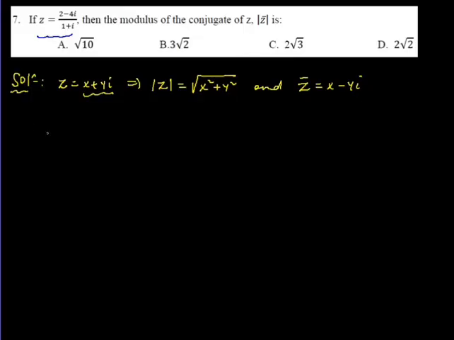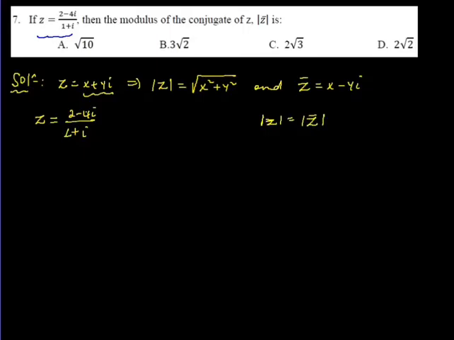So we will apply these definitions and formulas to determine the modulus of the conjugate of 2 minus 4i over 1 plus i. Now, to simplify things, the modulus of the complex number and the modulus of its conjugate are the same.